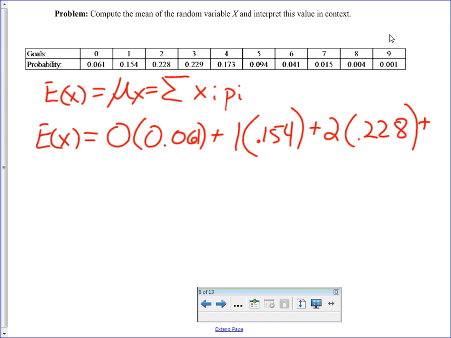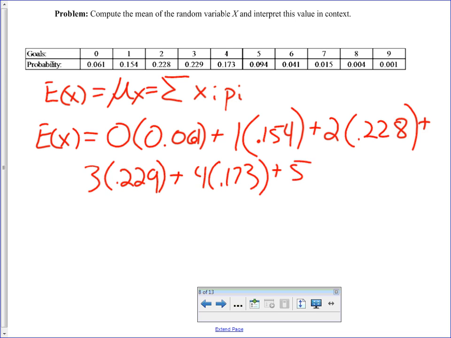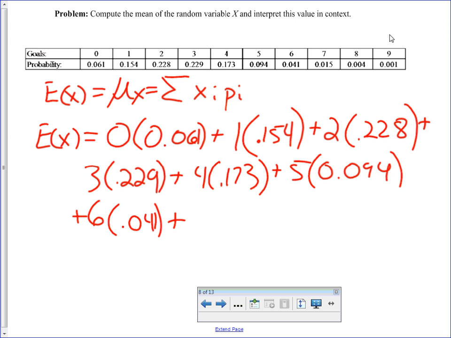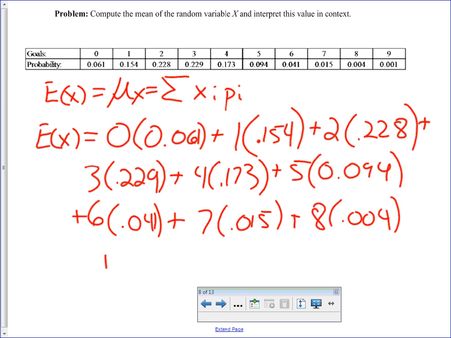Plus 3 times 0.229 plus 4 times 0.173 plus 5 times 0.094 plus 6 times 0.041 plus 7 times 0.015 plus 8 times 0.004 plus 9 times 0.001.